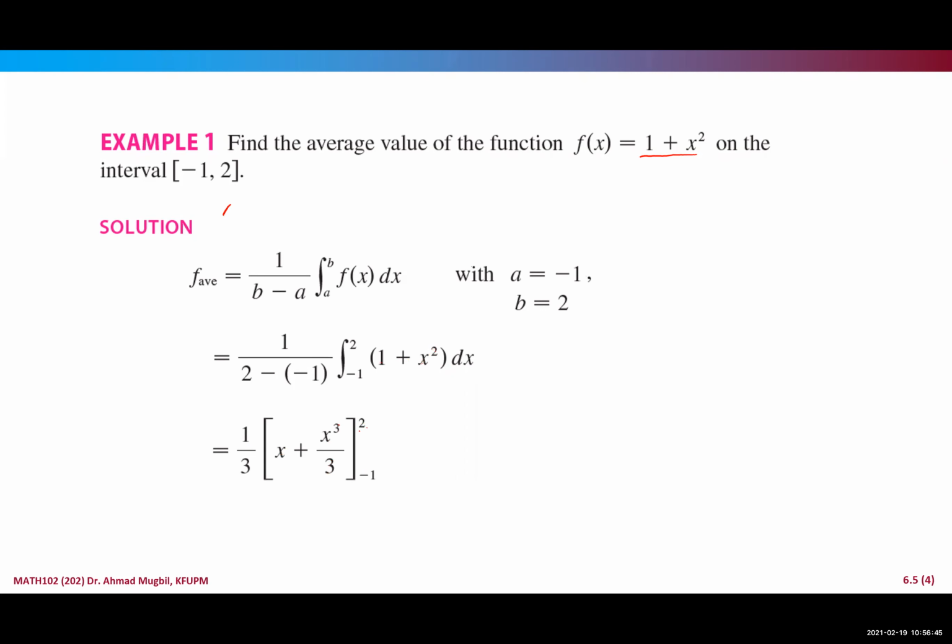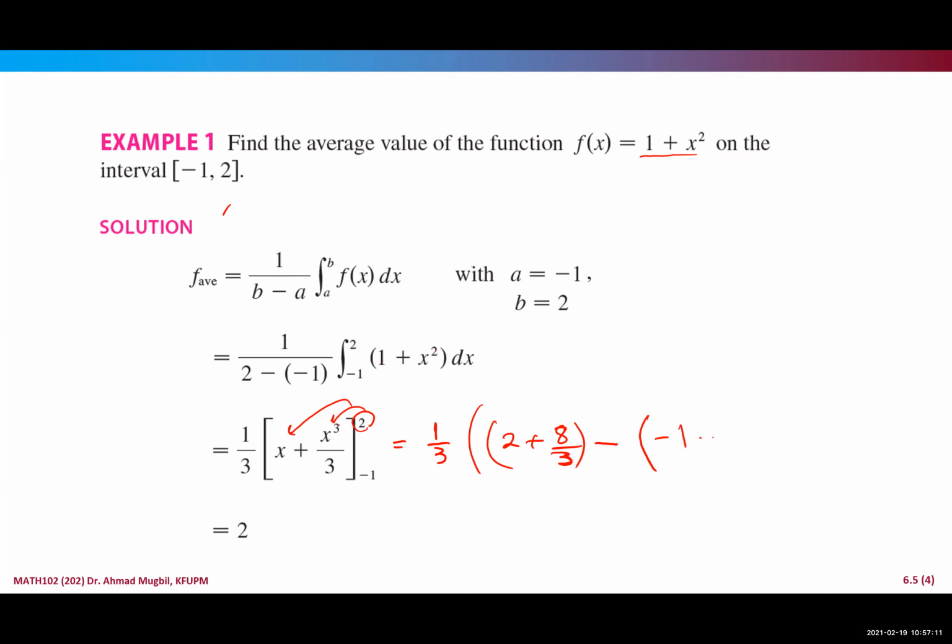What we will do, we will substitute the upper, then minus substitute by the lower. So you will have here a third, and here you will have 2 plus 8 over 3. This is when you substitute by 2, minus open brackets and substitute by negative 1.